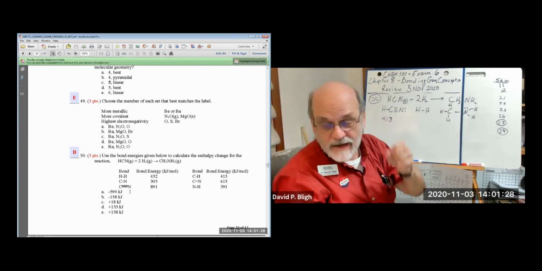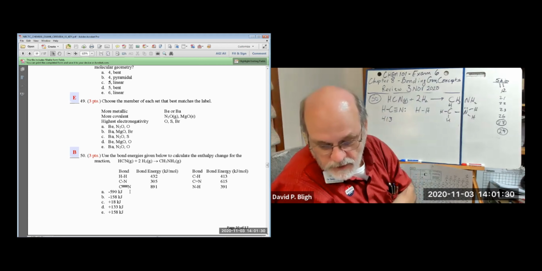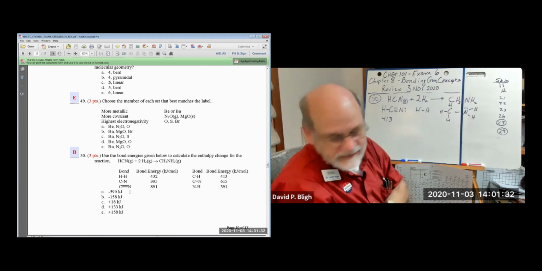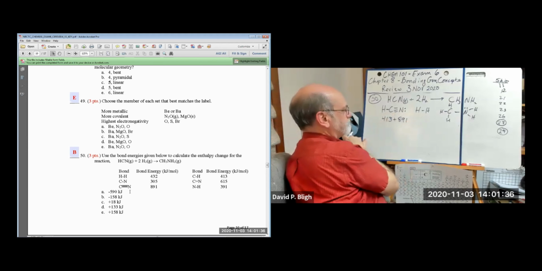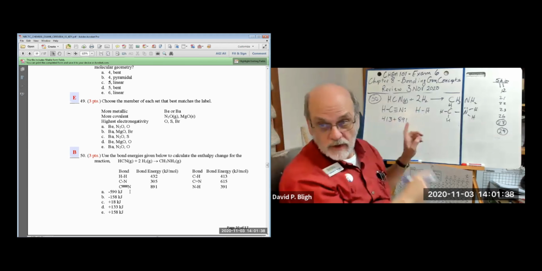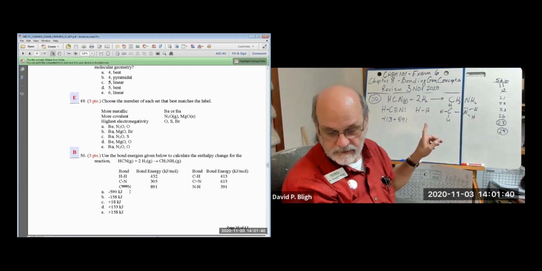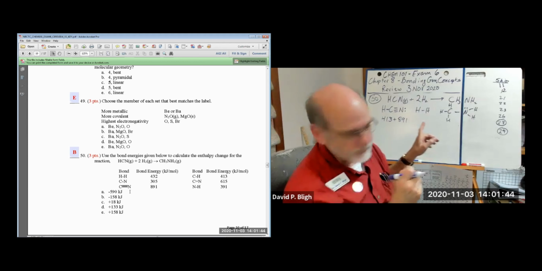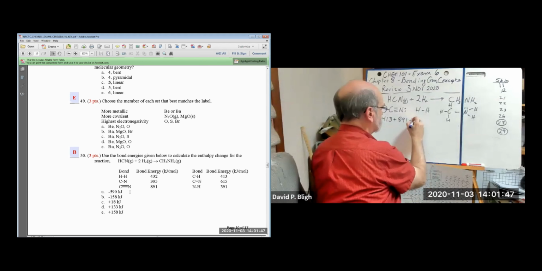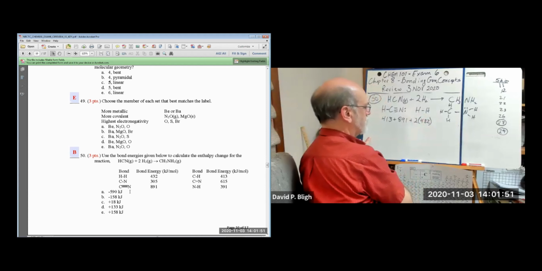Then we have a carbon nitrogen triple bond, which is 891. Right? Then we have 2 hydrogen bonds, which would be 432 plus 2 times 432. Right?